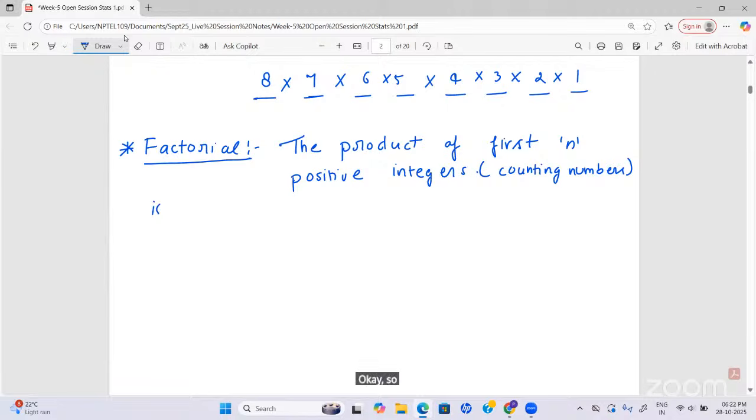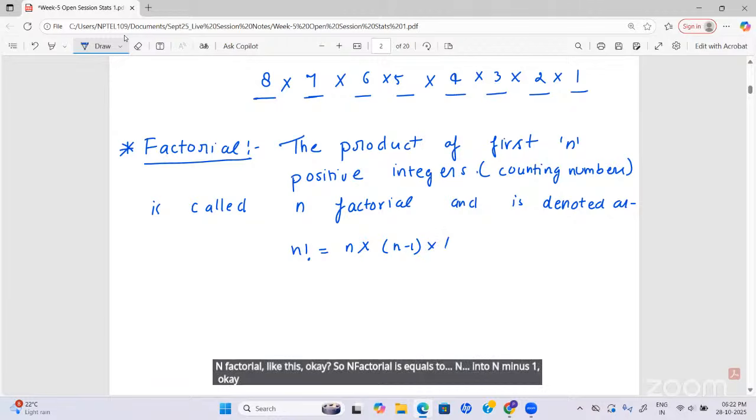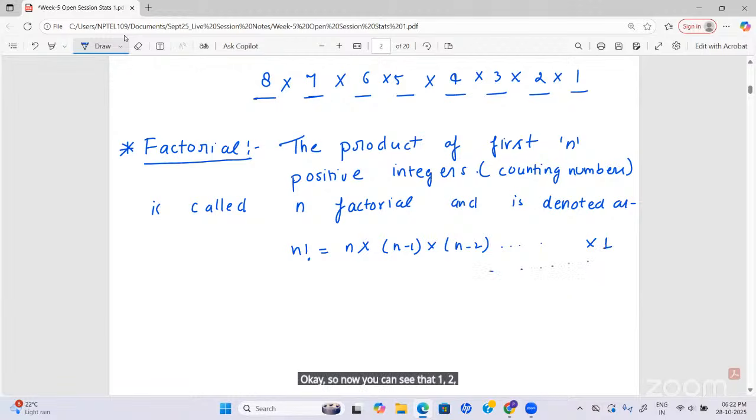So this is called n factorial, and it is denoted as n factorial, like this. So n factorial is equal to n into n minus 1 into n minus 2, and it goes up to 1. Now you can see that 1, 2, 3, 4 up to n. So this is the product of first n positive integers.